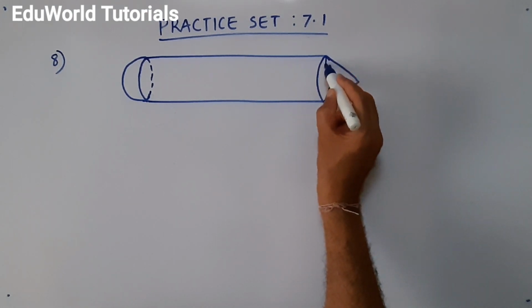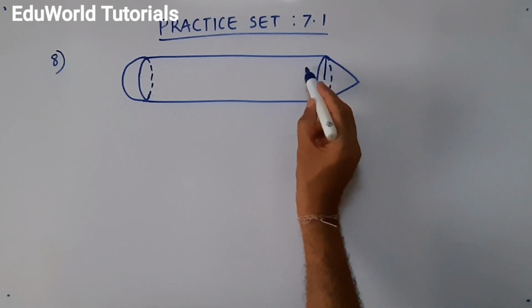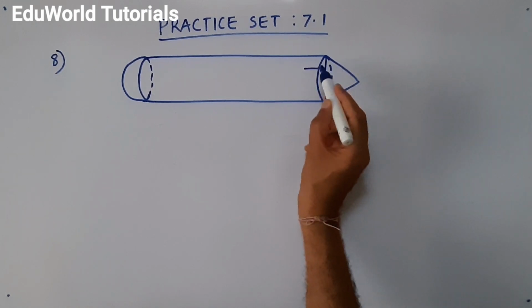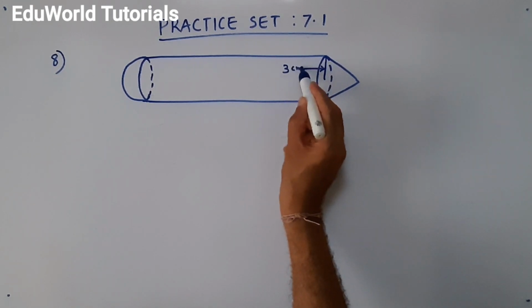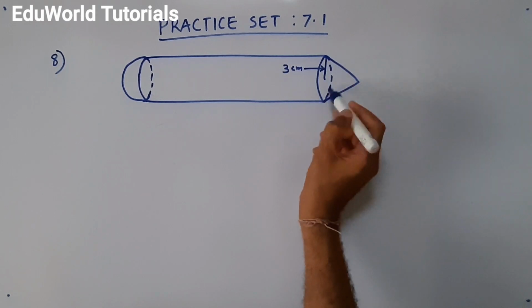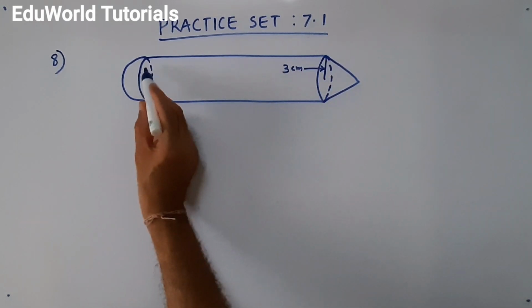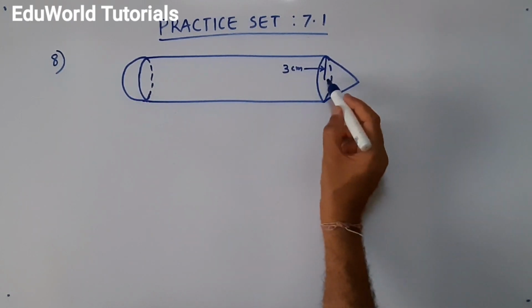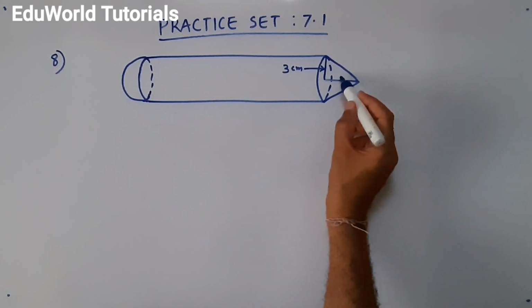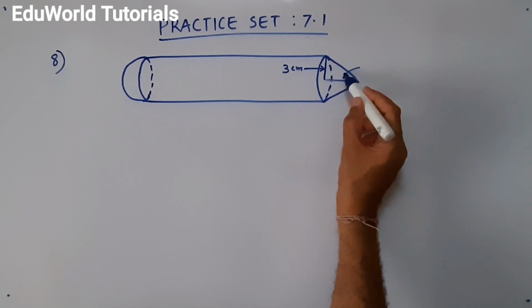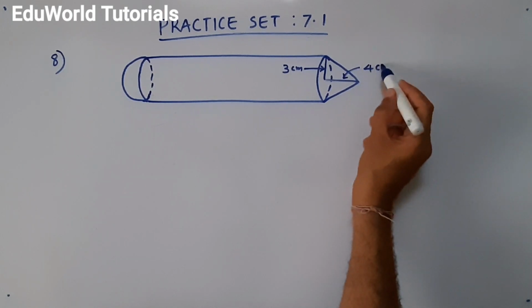For example, this is the radius of the cone, which is 3 centimeter. It is not the radius of cone alone, it is radius of the cylinder as well as the radius of the hemisphere. And they have given one more dimension, this, which is the height of the cone, which is 4 centimeter.